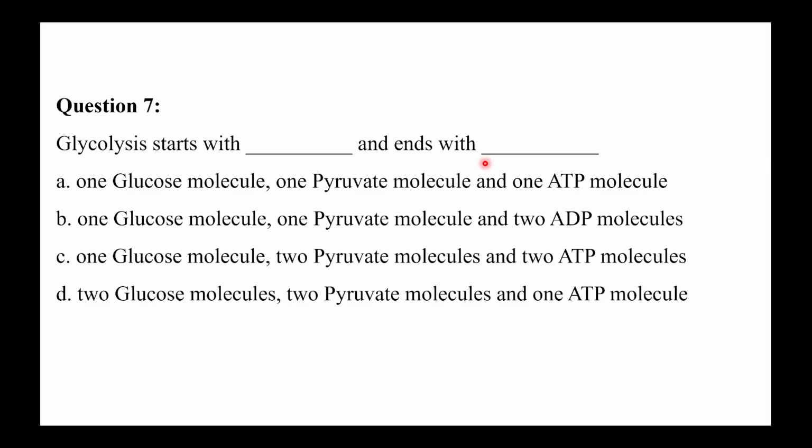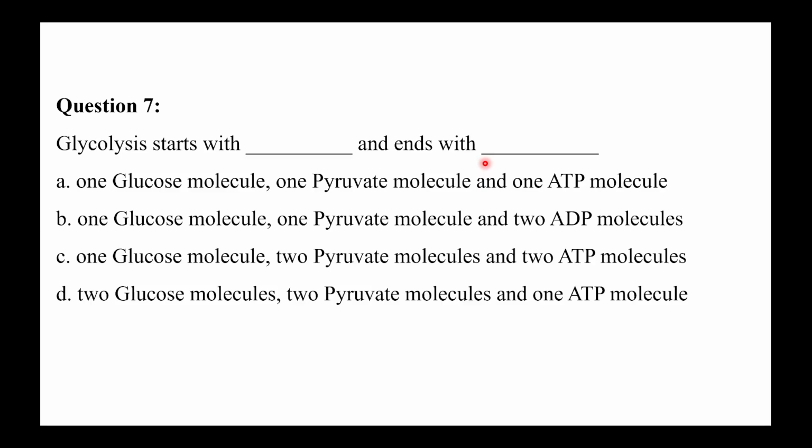Next question, glycolysis starts with dash and ends with dash. Options are option A, one glucose molecule, one pyruvate molecule, and one ATP molecule. Option B, one glucose molecule, one pyruvate molecule, and two ADP molecules.